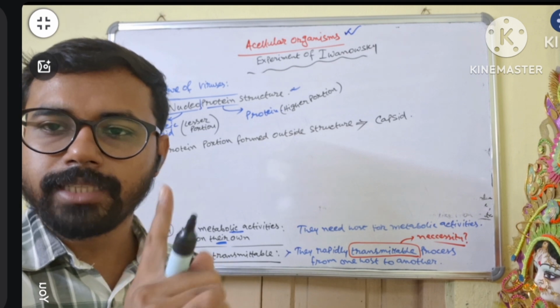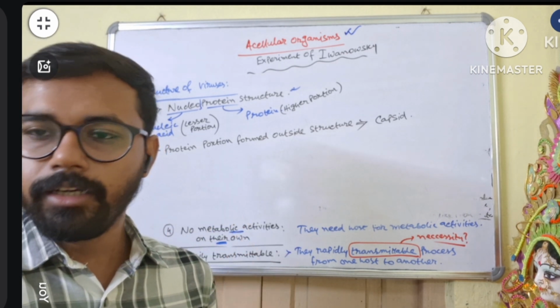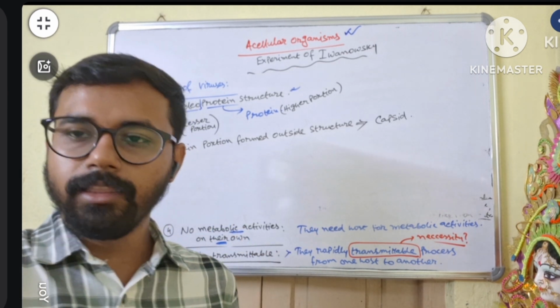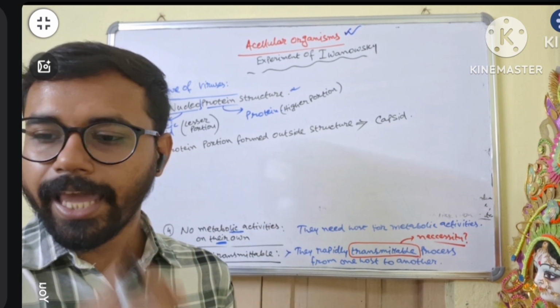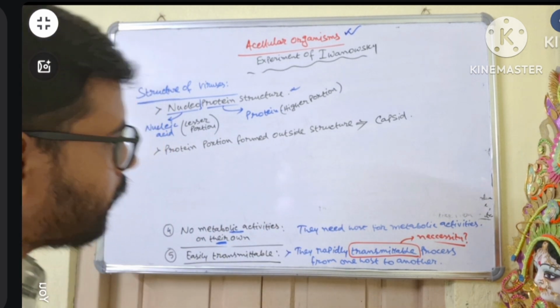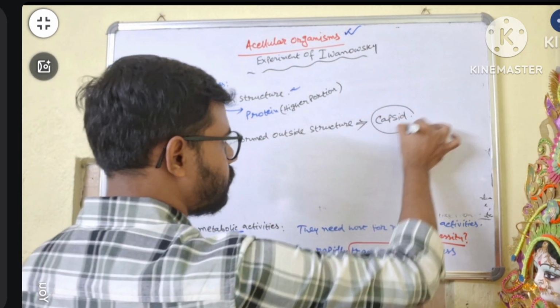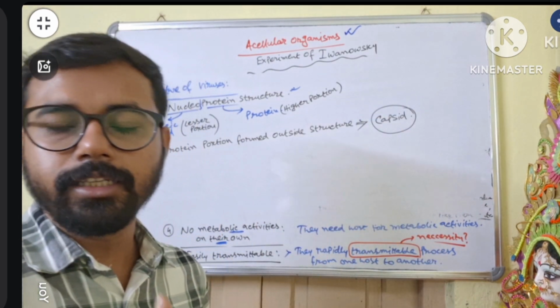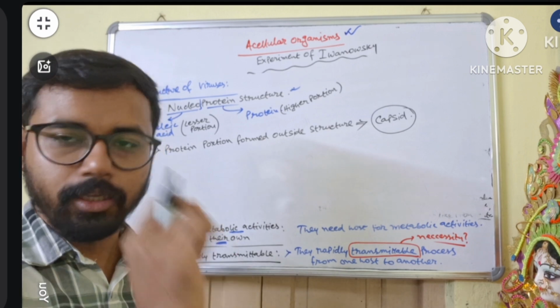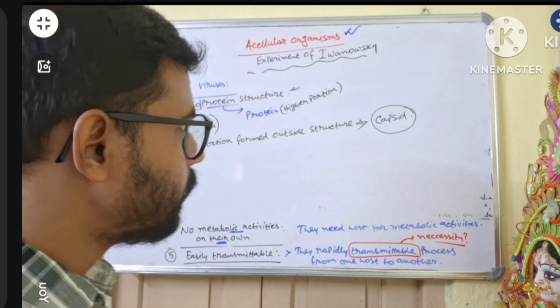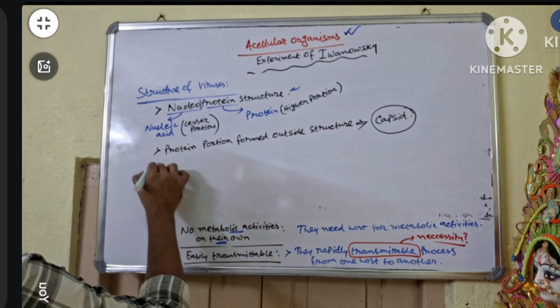That means not a single protein makes the structure; it is multiple proteins, and the unique structural unit of proteins that makes up the capsid is called capsomere. So capsid is not a single protein structure; it is many protein structures, and the unique unit of the capsid is called capsomere.